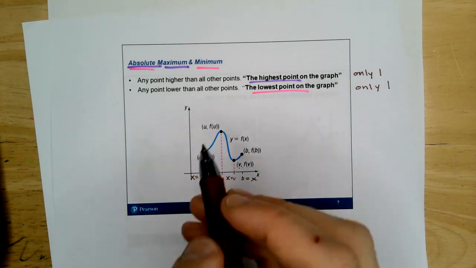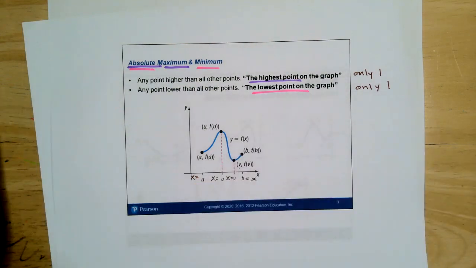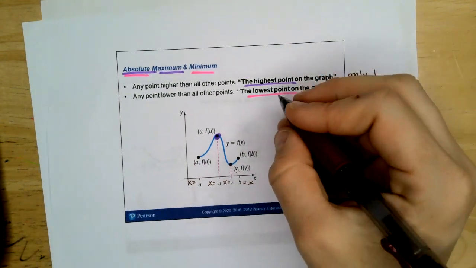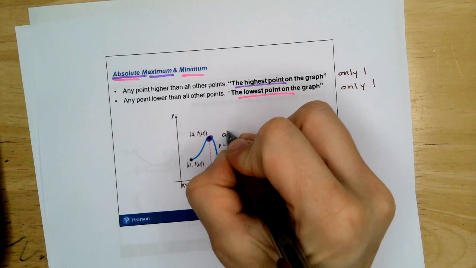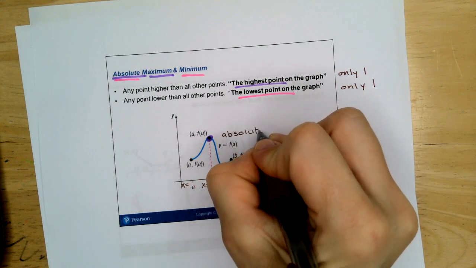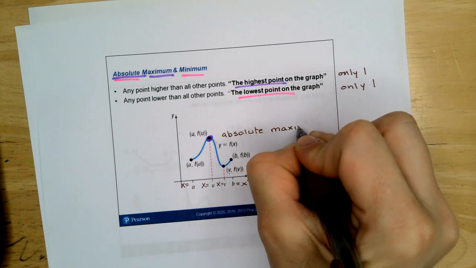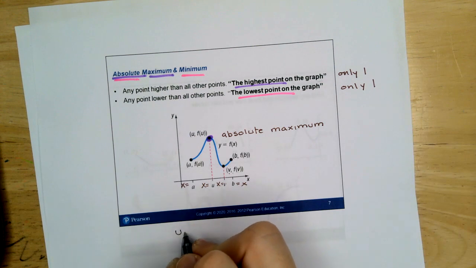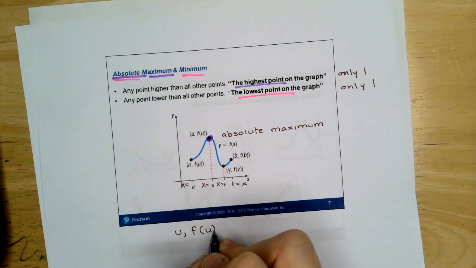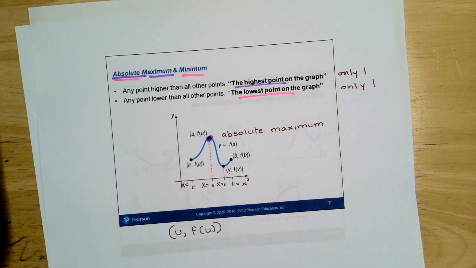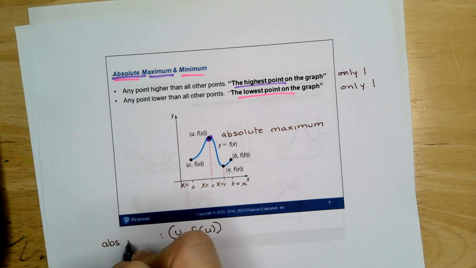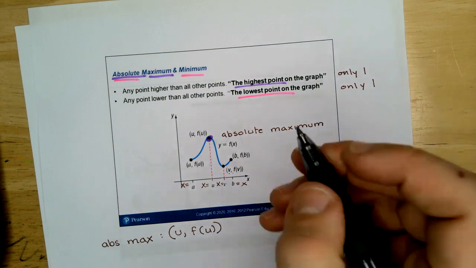Our absolute maximum, the highest point on the graph, is U, f of U. Okay, that's our absolute max. Our absolute minimum is going to be the lowest point on the graph.